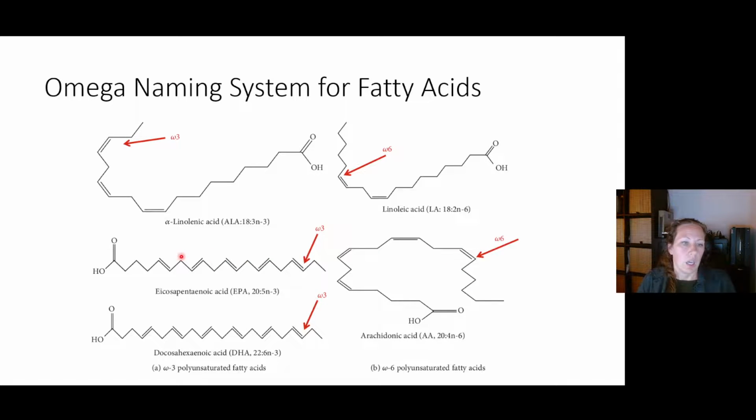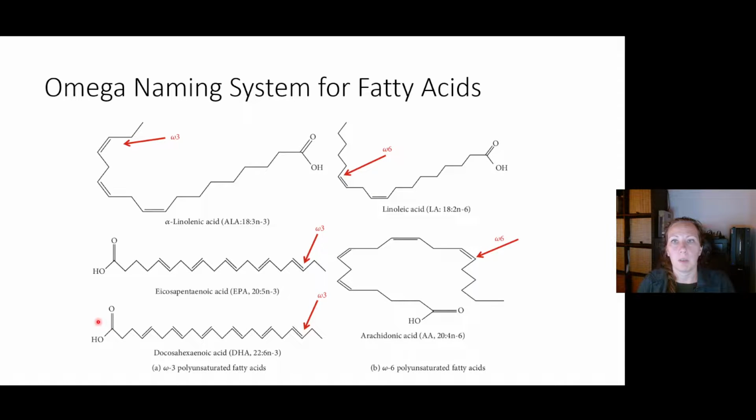But our bodies can produce eicosapentaenoic and docosahexaenoic acid from alpha-linolenic, but they're not very good at it. The conversion rate is really low. And so even though these two are not technically essential fatty acids, in actuality, in practice, we really do need to supplement with these.